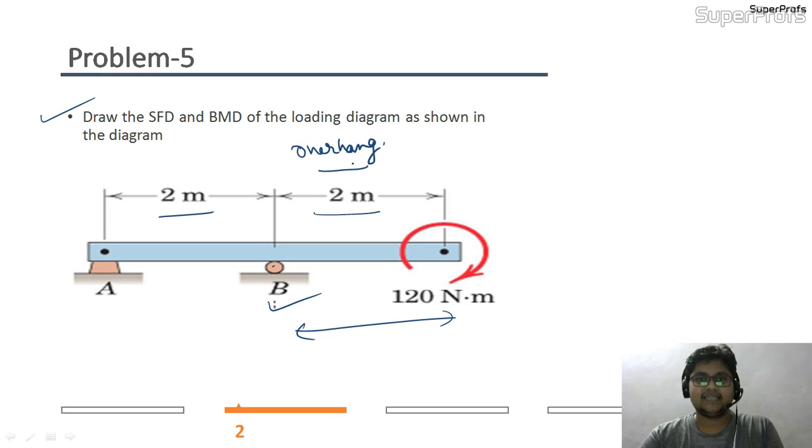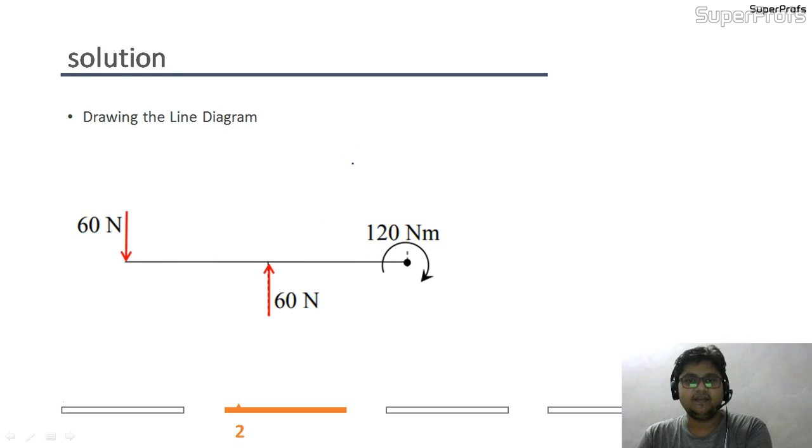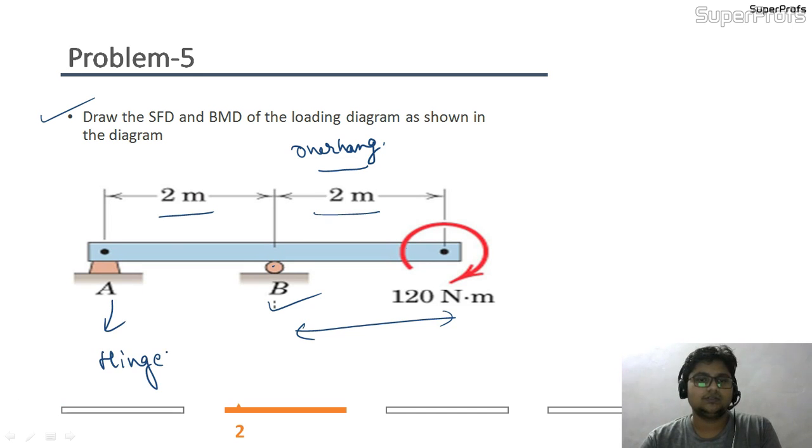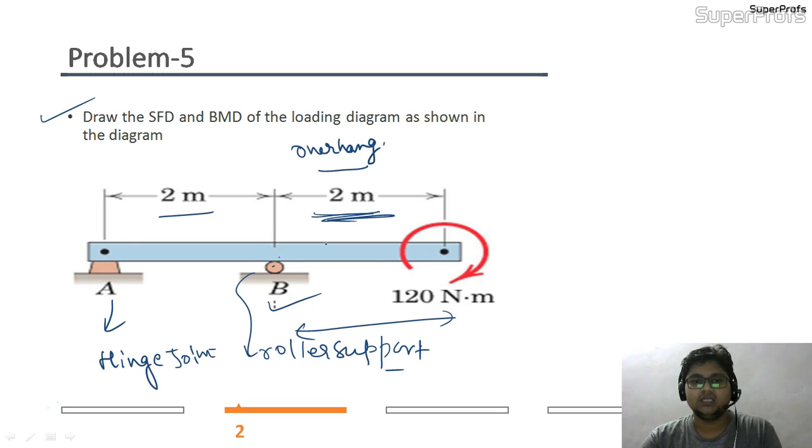The first task will be to draw its free body diagram. A is a hinge joint and B is a roller support, and after the roller support a span of 2 meter extends out. So it is a case of overhang beam.